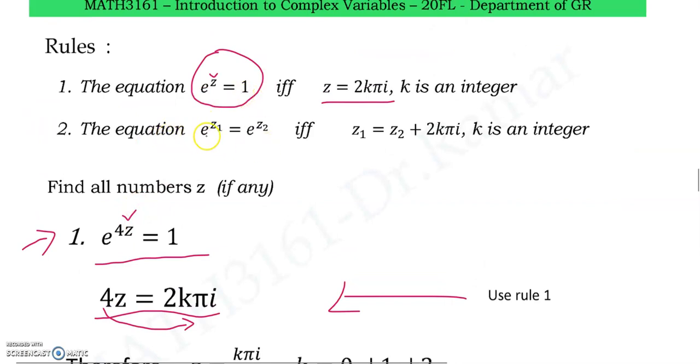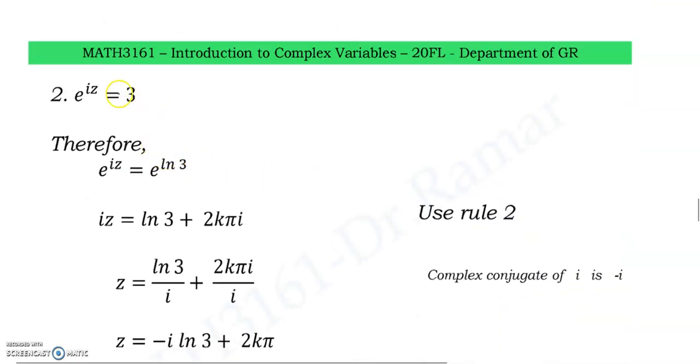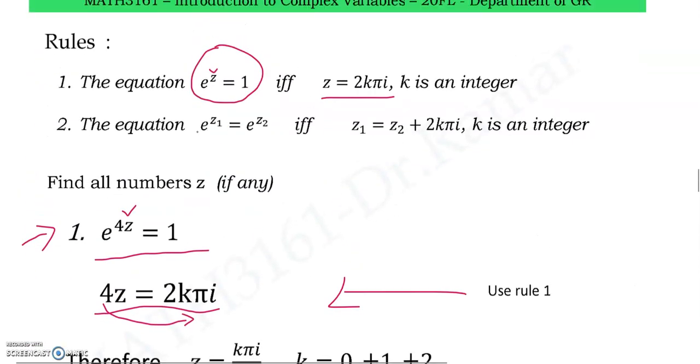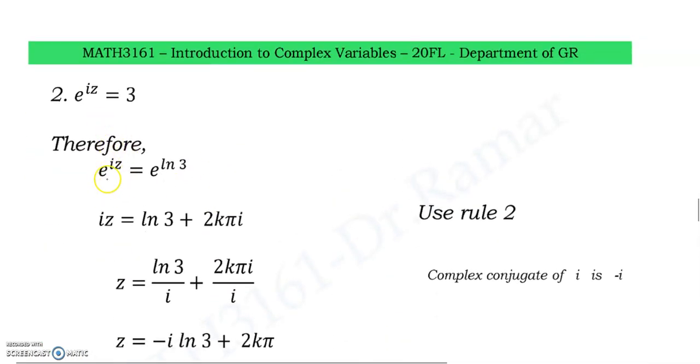But here, e to the power z1 equal to e to the power z2 if and only if z1 is equal to z2 plus 2k pi i, where k is an integer. I select rule number 2 because 1 is not given in the question. So to apply rule number 2, I modify this right side a little bit, so that e to the power iz is equal to e to the power ln 3.